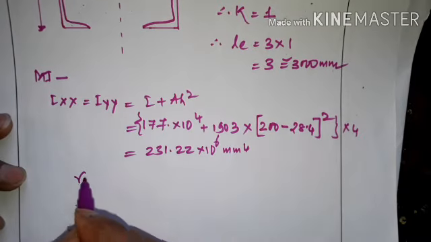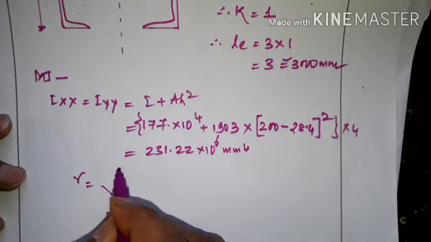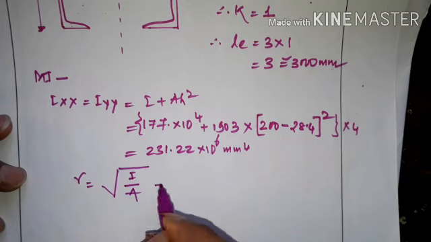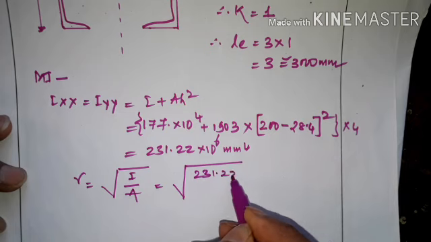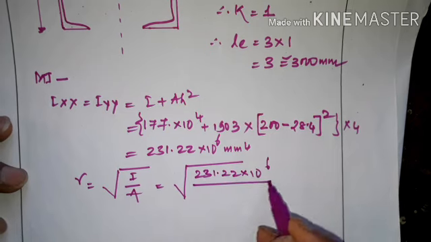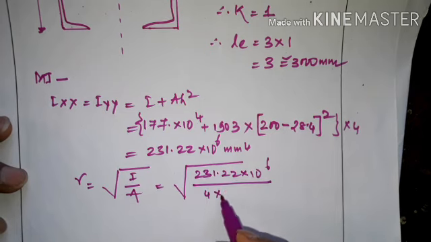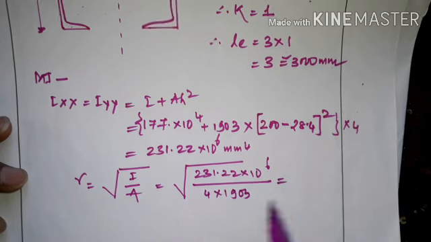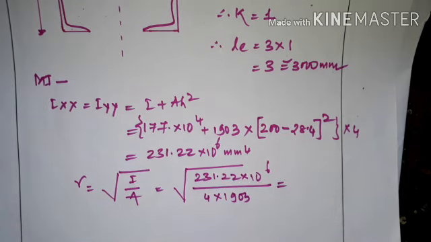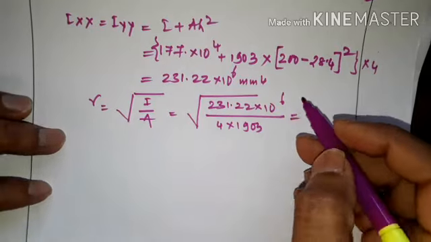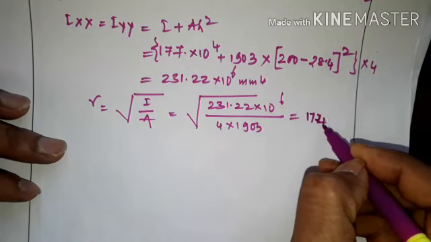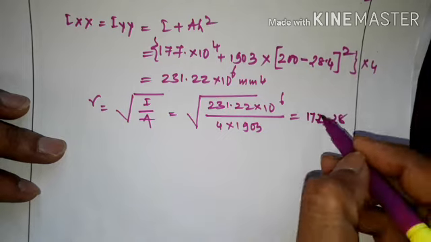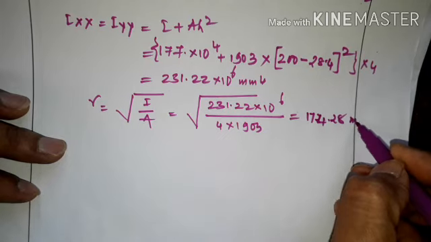Next, radius of gyration r is equal to square root of I by A. I is 231.22 into 10 raised to 6, divided by the area, which is 4 times 1903. So we get this value as 174.28 mm.